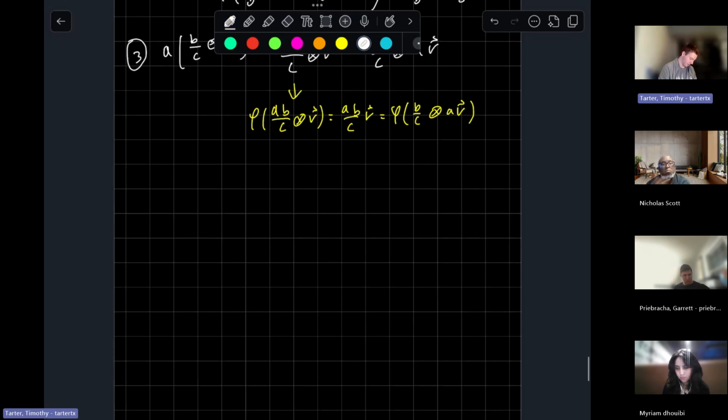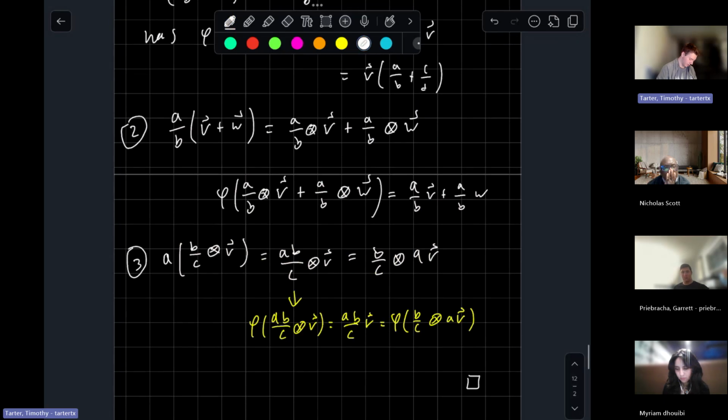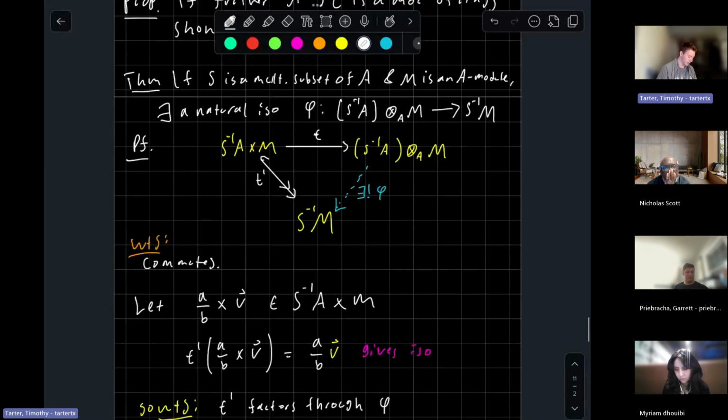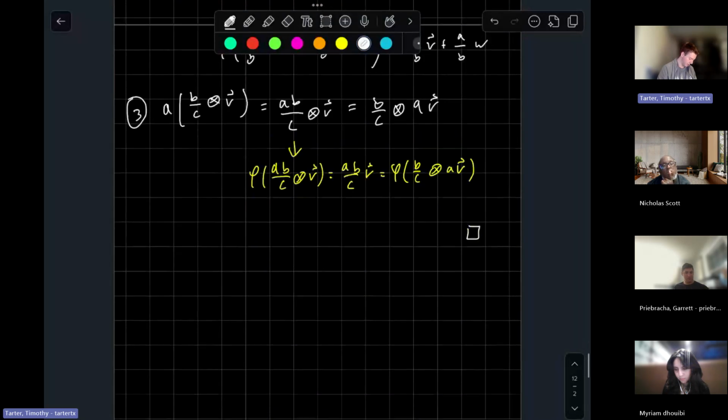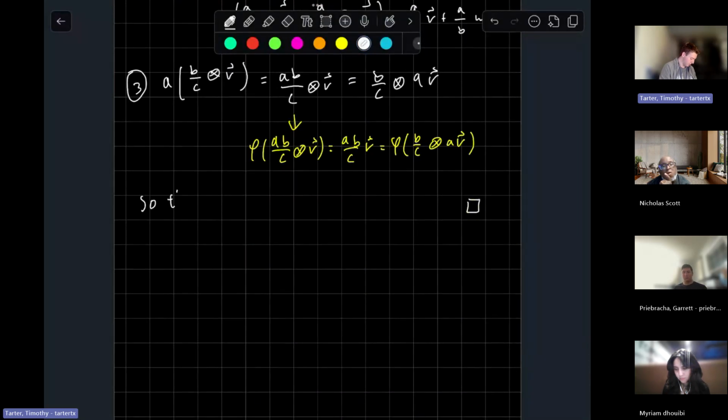There we go. And so now we've shown that T prime factors uniquely through phi.